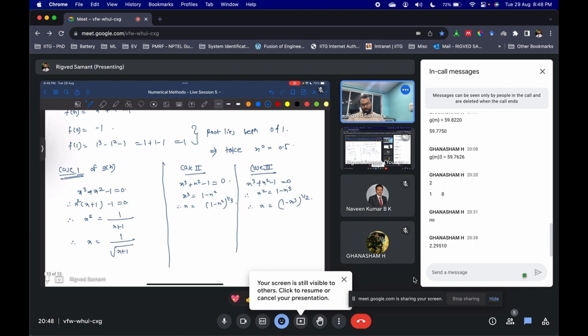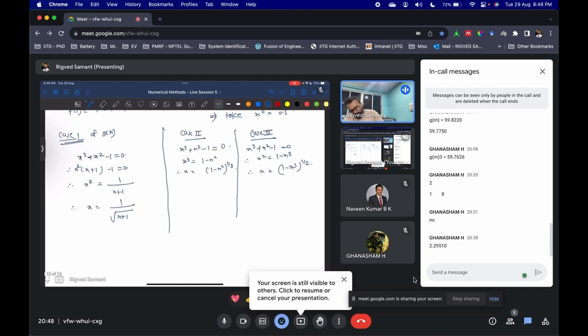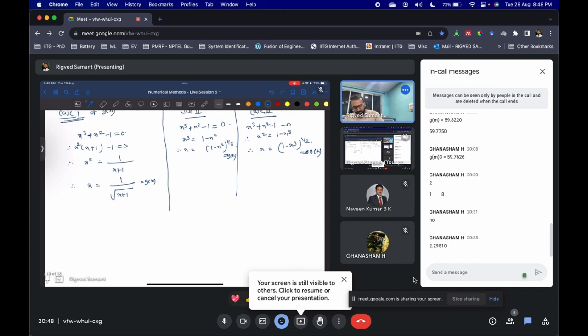Now what we do is take each of these as a g of x, we consider each as a g of x separately, and find its first derivative.